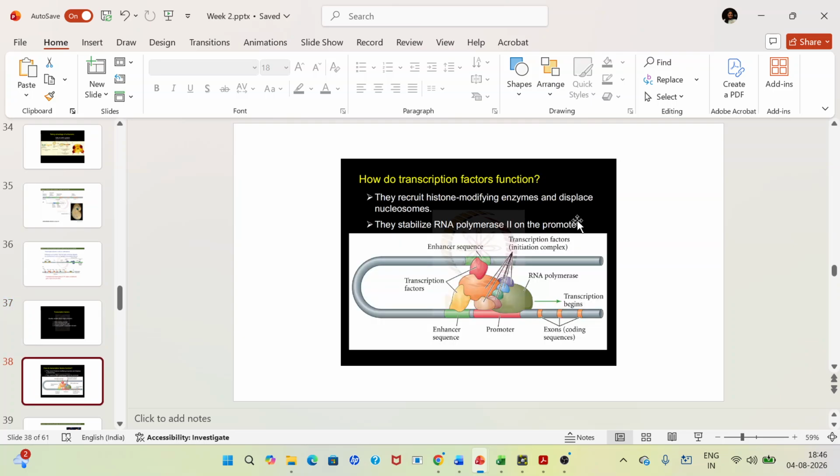Okay, so how do transcription factors function? They recruit histone modifying enzymes and displace nucleosomes. They stabilize RNA polymerase 2 on the promoter, and that is how they lead to the transcription of that particular gene. Otherwise, the genes are tightly bound around the histone octamer.